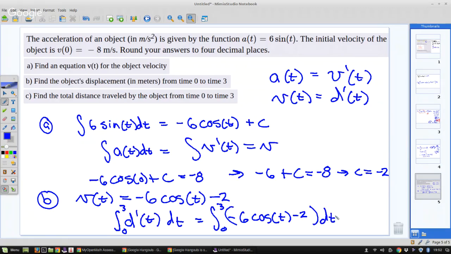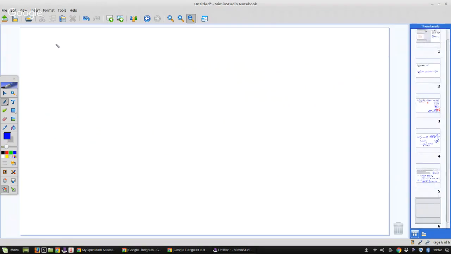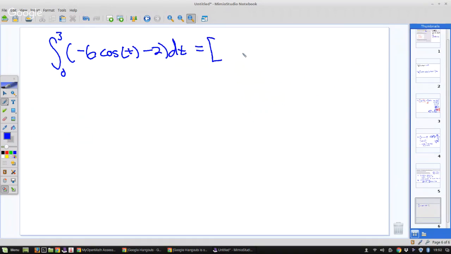So I have to come up with an antiderivative here and then evaluate at the inputs. We need an antiderivative for negative 6 cosine of t minus 2, which would be the opposite of 6 times the sine, minus 2t. Remember, the derivative of sine is cosine.